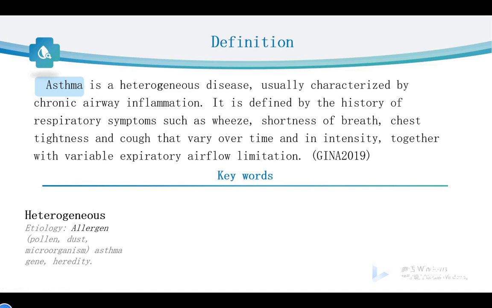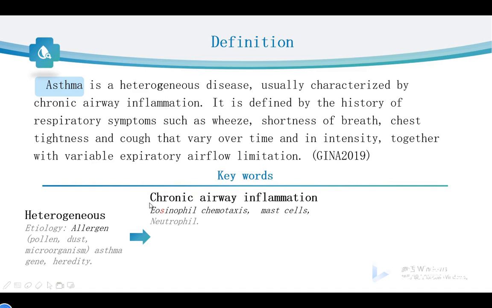The most important cause of the asthma is allergy, including the pollen, dust, microorganisms, and so on, and others include the asthma gene, heredity, and so on. Once the causes of the asthma exist for a long time, it will induce two specific pathological changes.